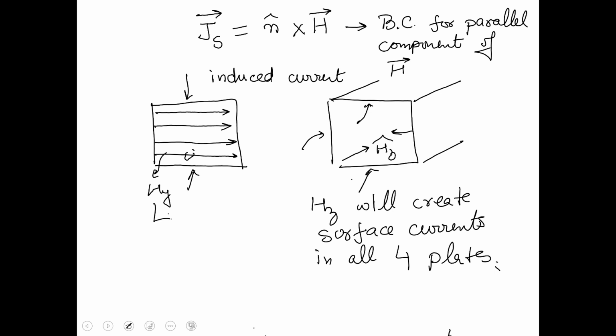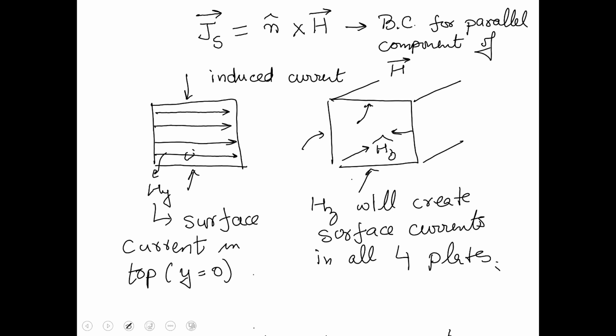Whereas Hy will only create induced current or surface current in top, which is y is equal to 0, and bottom, no, sorry, top y is equal to b, and bottom, which is y is equal to 0 plates.